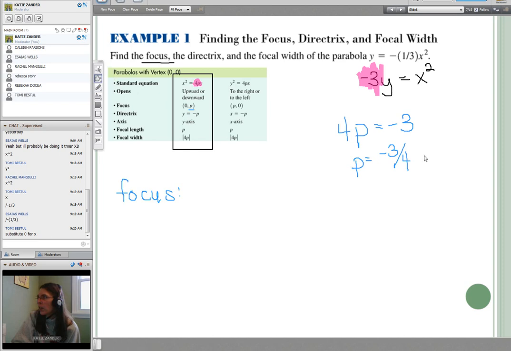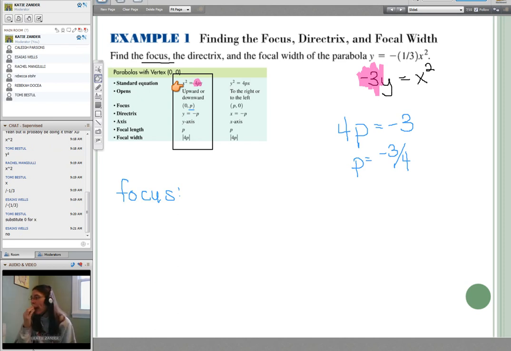So are there questions with how we found the p value in this equation up here? Okay, so the focus can be found at 0, p, so the focus is at 0, negative 3/4.